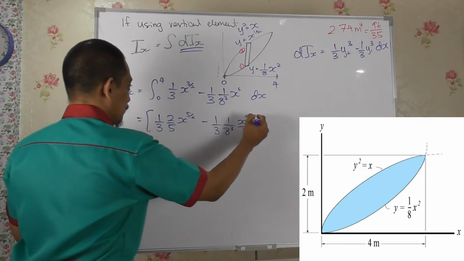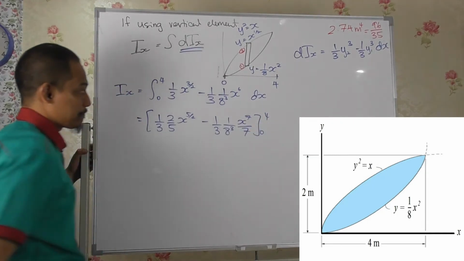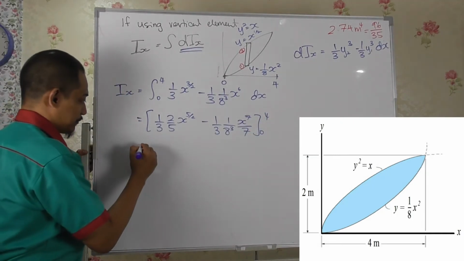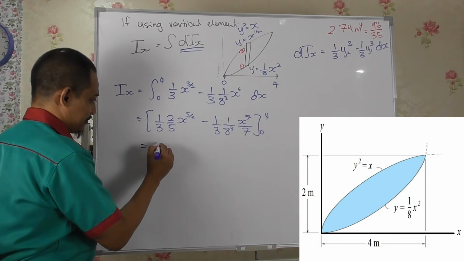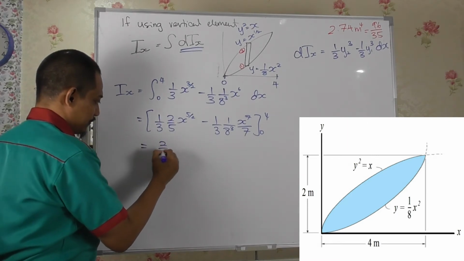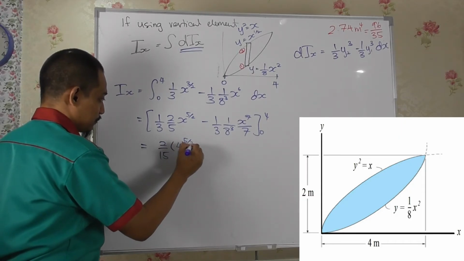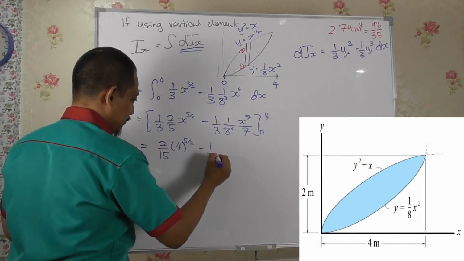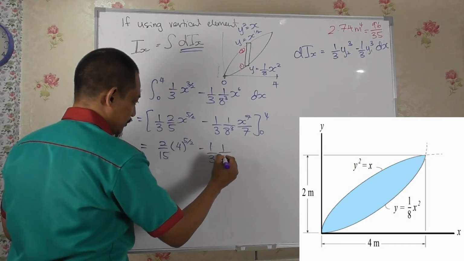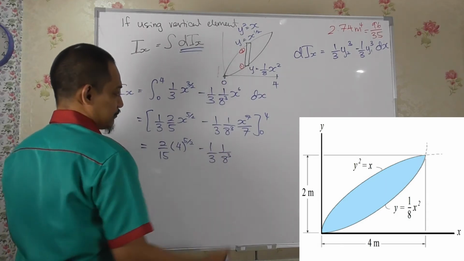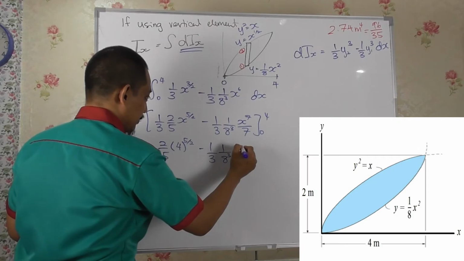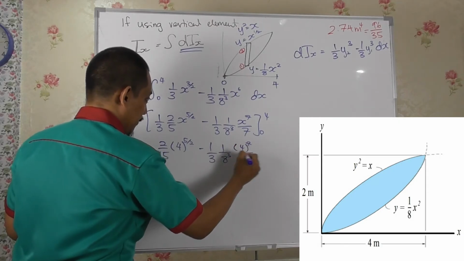So the limit is from 0 to 4. So plug in the value, if this is simplified it becomes 2 over 15, and then you have 4 to the power of 5 over 2, and then minus 1 over 3, I'm not sure, you can use your calculator, but for now I just leave it there. So this becomes 4 to the power of 7 over 7.